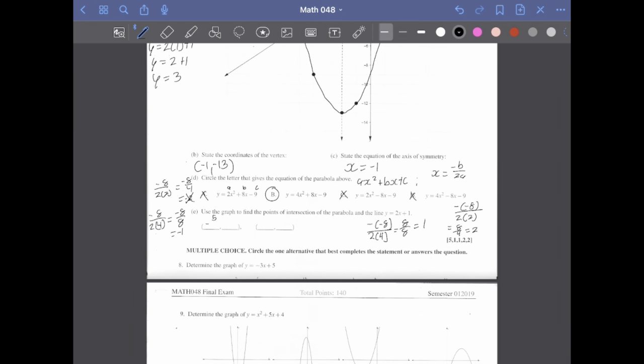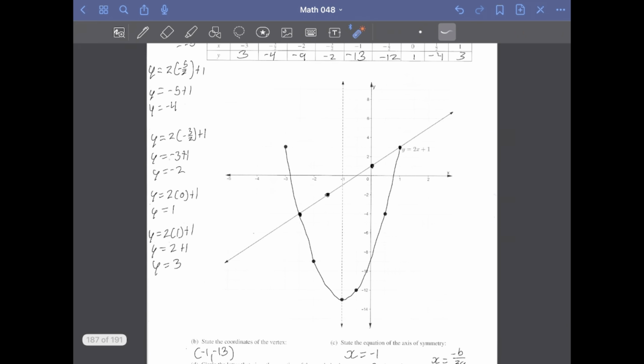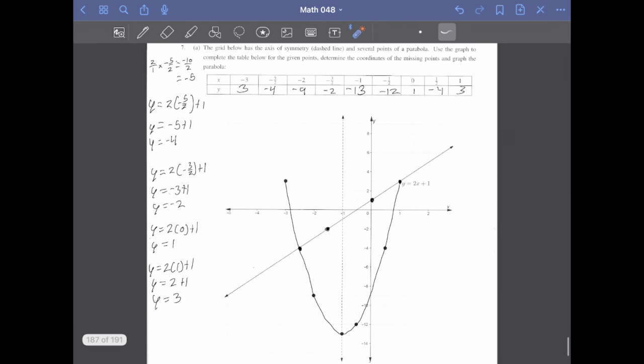So negative 5 over 2, negative 4. And then the next point would be over here. That'd be 1, 3.